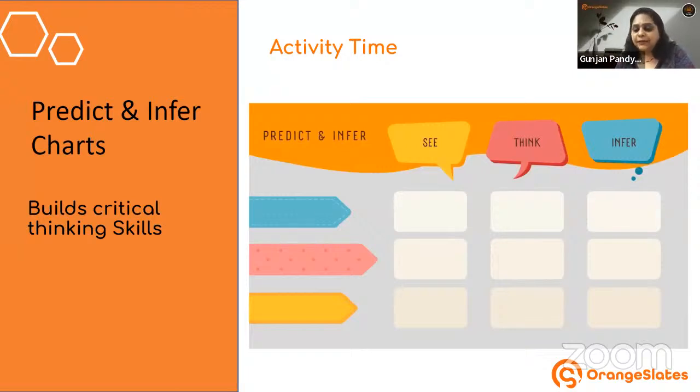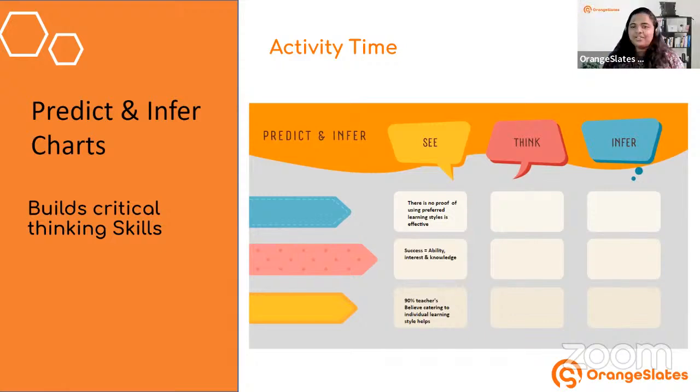So what did we see in the video? We saw that there's no proof of using a preferred learning style. I also want to see. What I saw is the person who does research is not a good marketer. True. It also says success is ability, interest, and knowledge. So if you are good at music, you will say I am an auditory learner.